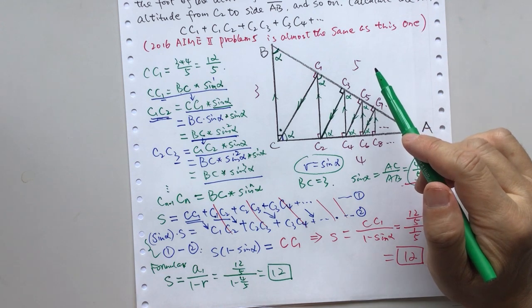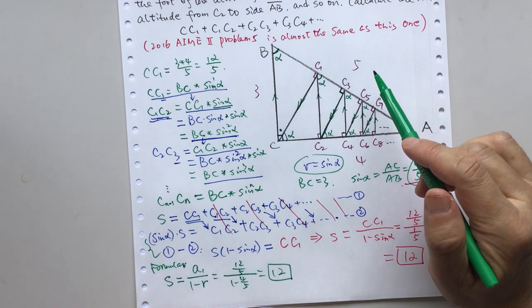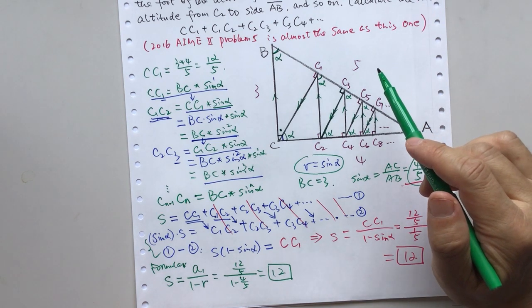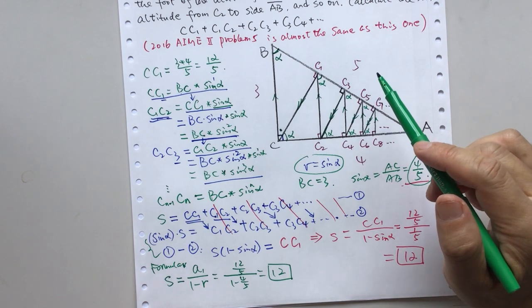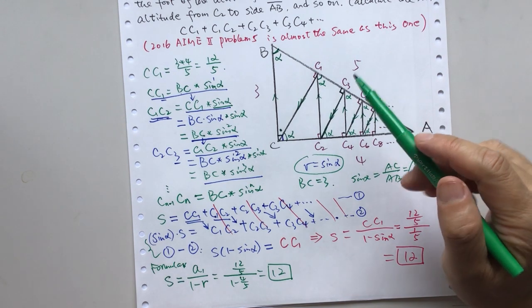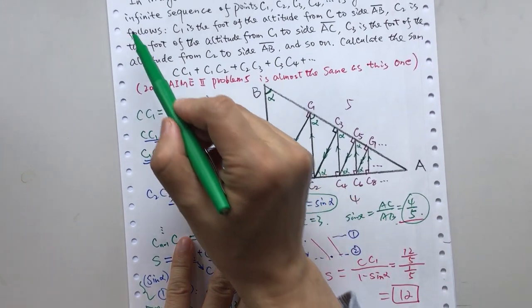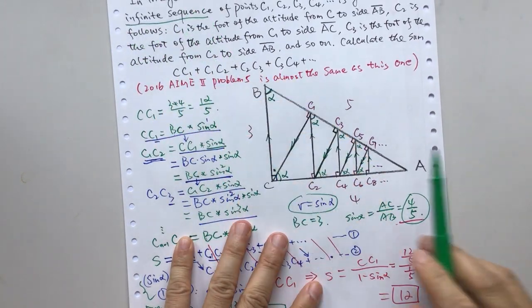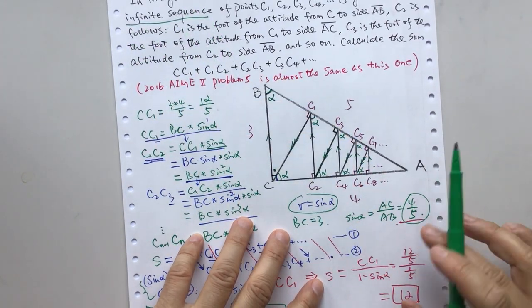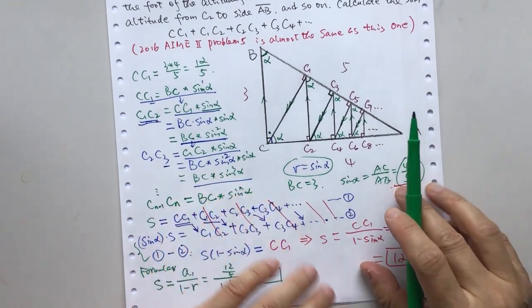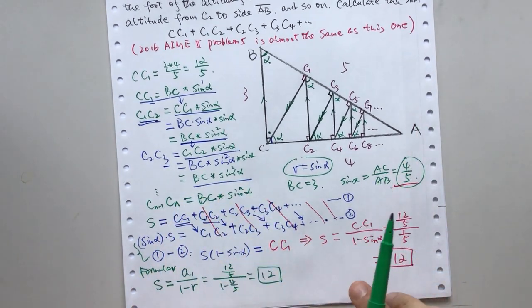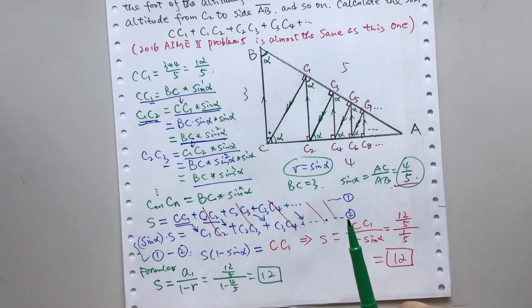And the most important, I just want to make a summary. The most important idea about this type of infinite sequence sum problem: regularly it will be a geometric sequence, and the common ratio normally will be less than 1.